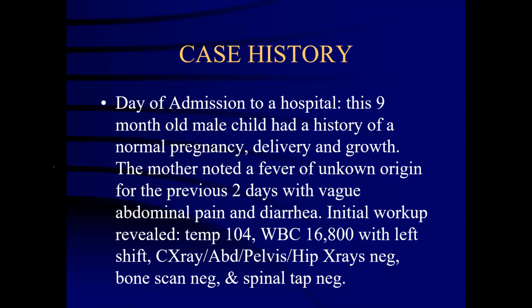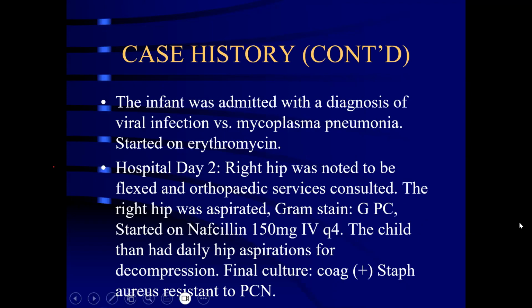Initial workup revealed temperature 104 degrees Fahrenheit, white blood cell count 16,800 with a left shift. Chest, abdominal, pelvis, and hip X-rays were all negative. A bone scan was even negative, and the spinal tap was negative. The infant was admitted with the diagnosis of viral infection and mycoplasma pneumonia, started on erythromycin.